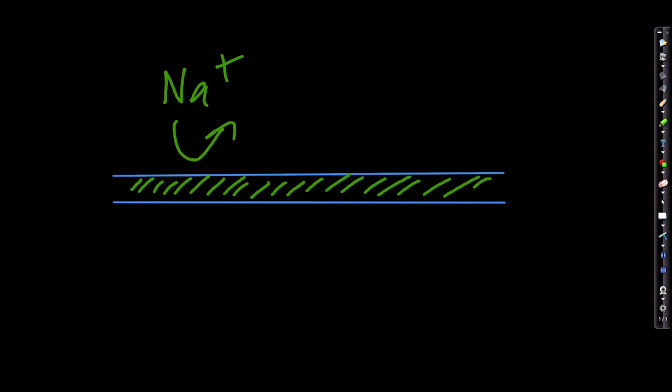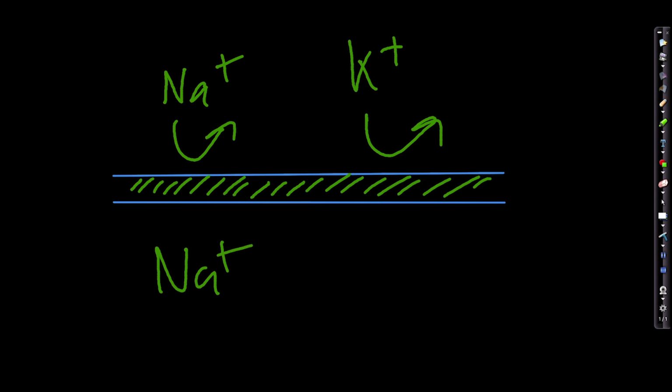Okay, so again, we will have our membrane. Here is our membrane. And of course, it is a fatty membrane, so we might even illustrate that. Normally, sodium ions are unable to get through the membrane, and the same applies to potassium ions as well.